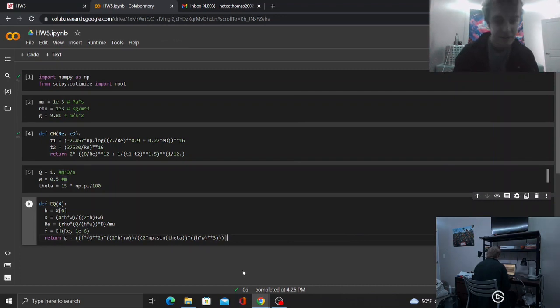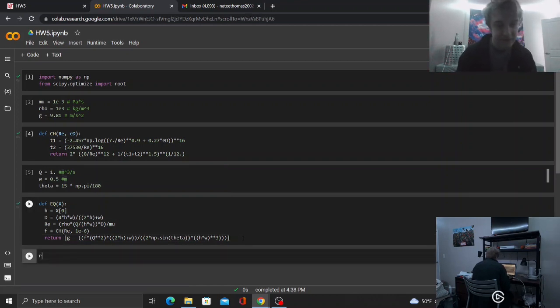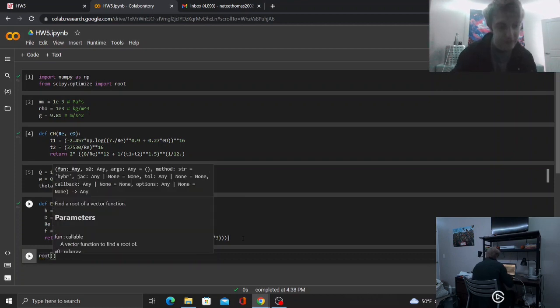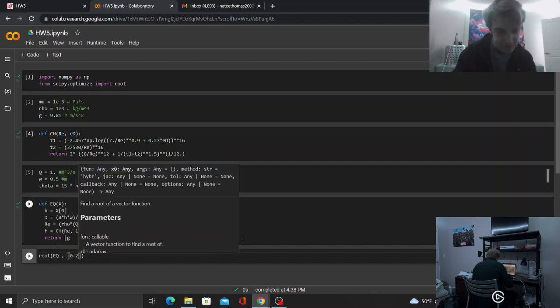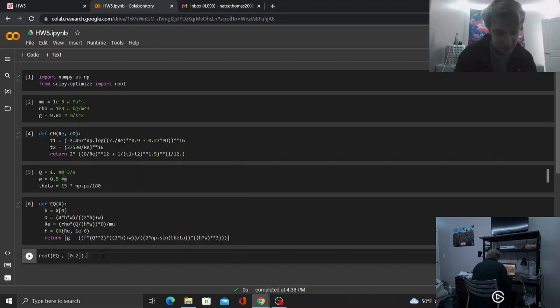So now we do need brackets around this whole thing. And then now we can use our root solver, where we supply the equation, an initial guess, which we're going to call 0.2. And then we can extract the part of the array that we want, the answer.